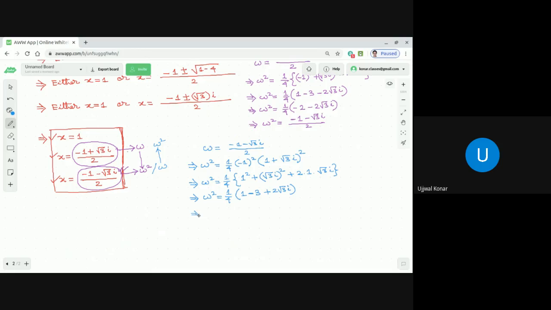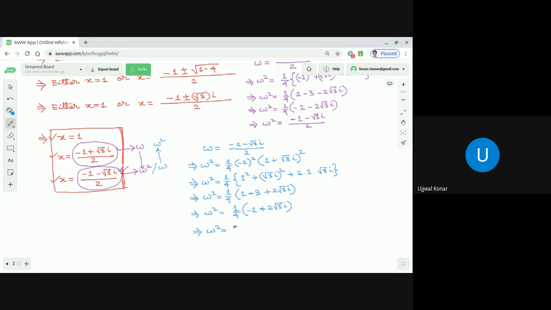So from here, omega square is equal to 1 by 4 into minus 2 plus 2 into root 3 into i. So omega square is equal to, you can take 2 common from the bracket and cancel out.